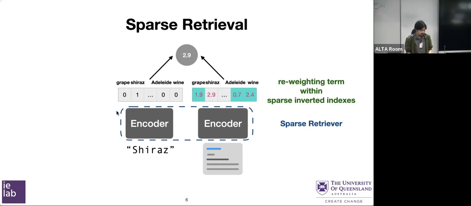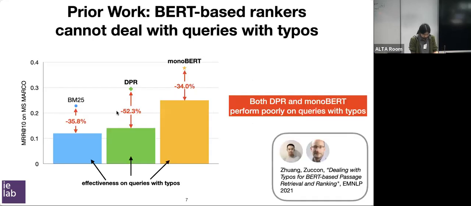And you see here, you have a very clear meaning of each dimension, but for the dense representation, you probably don't know what each dimension means. Current neural sparse retrievers can also expand the documents, and they do some reweighting of the documents. So for the term grape or Shiraz, the weight is not 0 or 1, it's actually 1 or 3, they are real numbers.